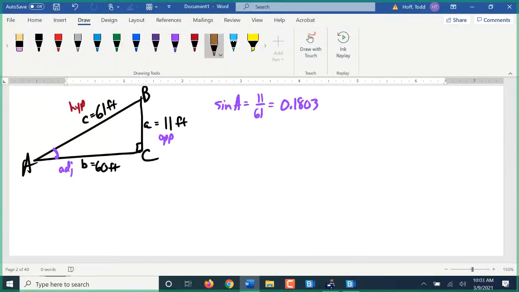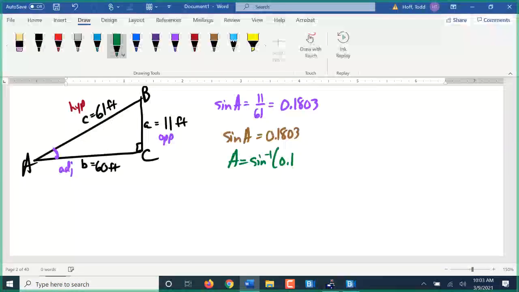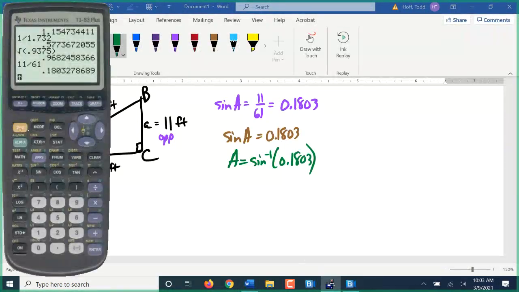So I now know that the sine of angle A is equal to 0.1803. So I can find the angle A now. Angle A is the inverse sine of 0.1803. So on the calculator, I'll do second sine.